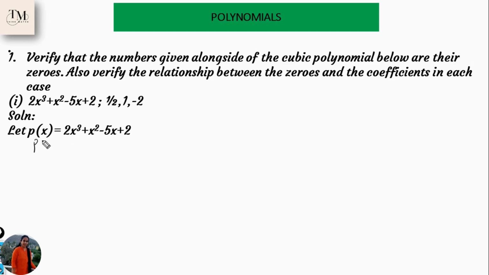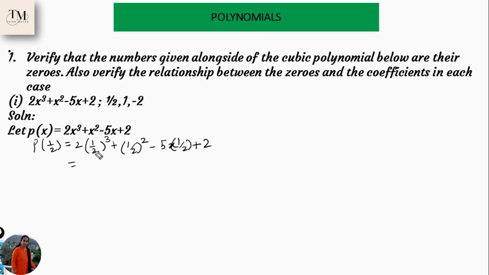So p of 1 by 2 will be equal to 2 into 1 by 2 whole cube plus 1 by 2 whole square minus 5 into 1 by 2 plus 2. Instead of x, we have to substitute 1 by 2. So what happens here? 3 twos are in the denominator, so one 2 gets cancelled.